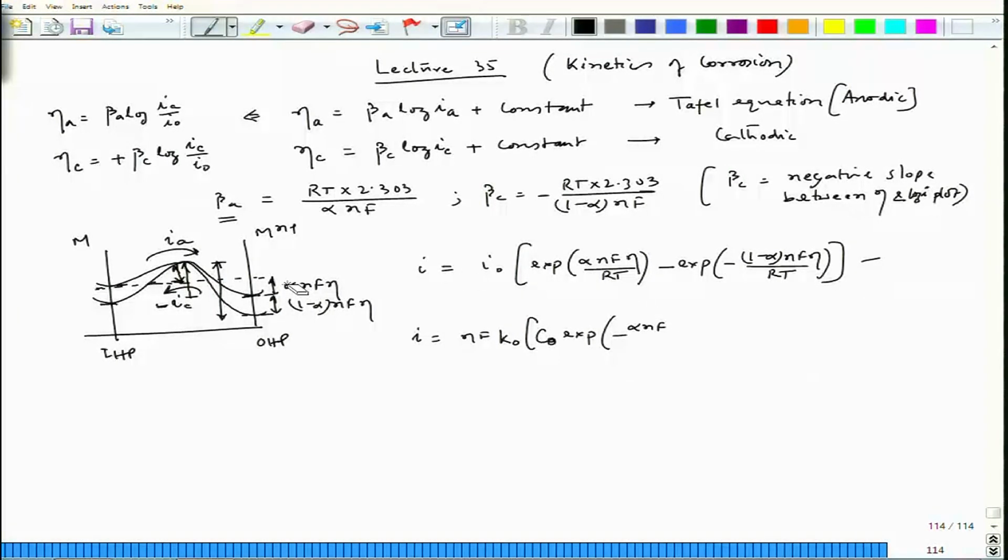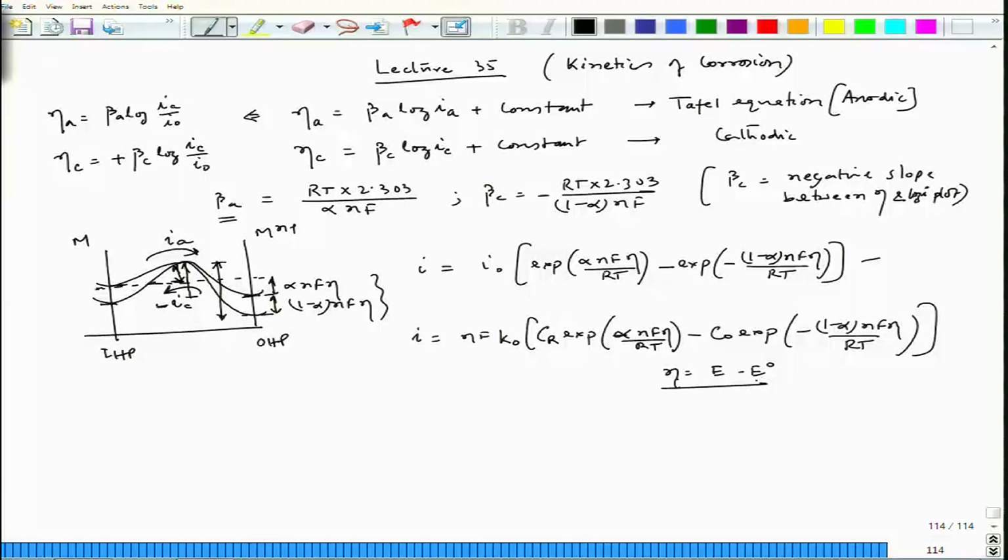If we consider it the way we considered here, I can write in a similar fashion, with this one being Cr, exponential alpha nF eta by RT, minus Co exponential minus 1 minus alpha nF eta by RT, where this eta was taken as E minus E0.